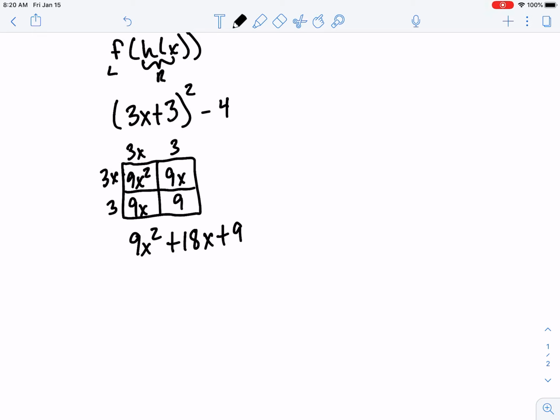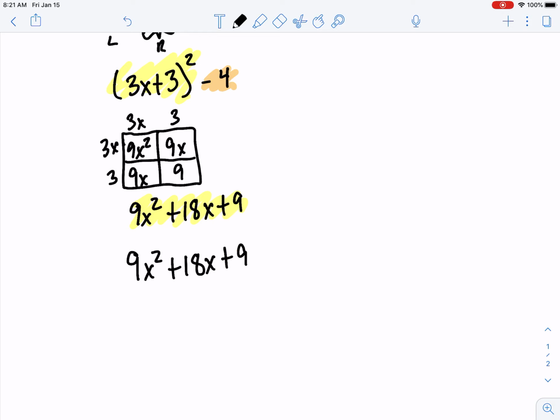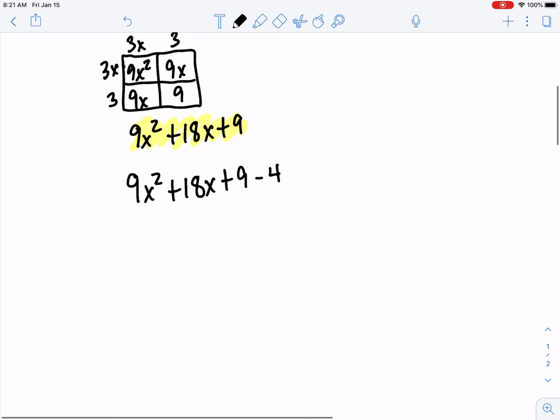So 3x plus 3 squared is this. All right. So now I just don't need to forget to bring down that 4. So it'll be 9x squared plus 18x plus 9 minus 4. And again, we will simplify by combining like terms.